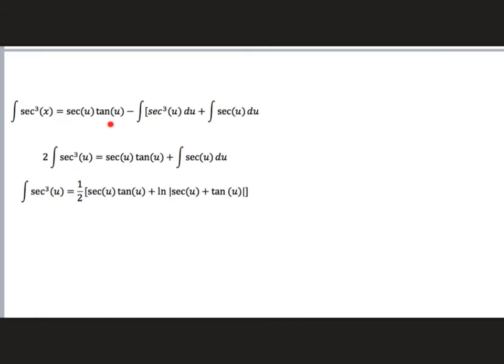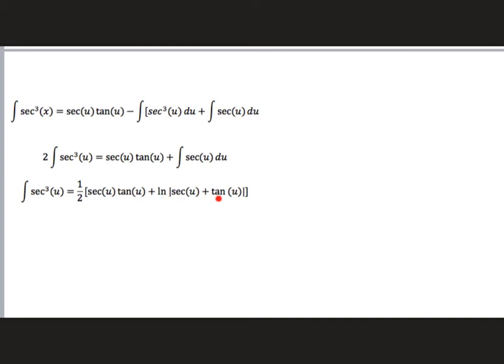So again, this is where we started. I'm going to take this secant cubed over here and combine it over there. And so that gives me 2 of this integral of secant cubed of u is equal to secant tangent plus the integral of secant of u du. And you can do the integral of the secant of u du, and what you get for that is the natural log of the secant plus the tangent.